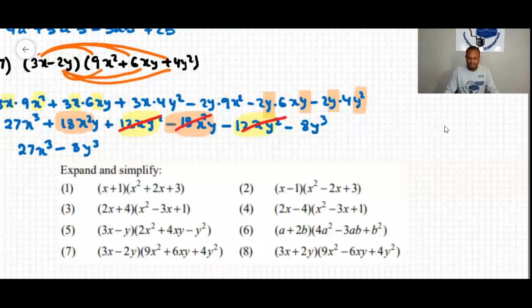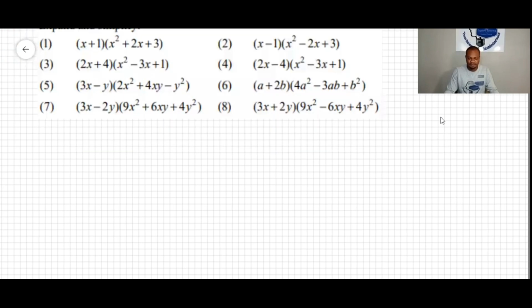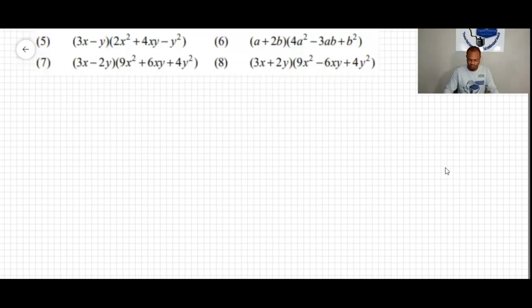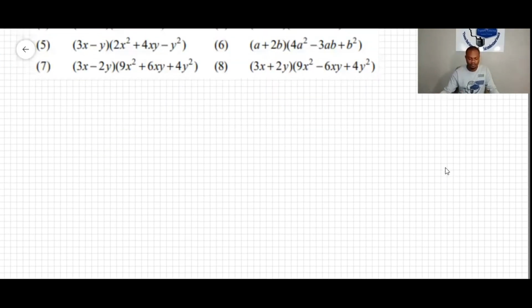Question 8, we have 3x plus 2y, and then open bracket 9x squared minus 6xy plus 4y squared.